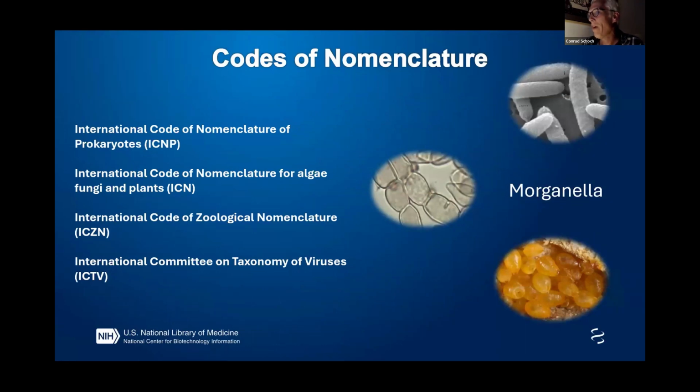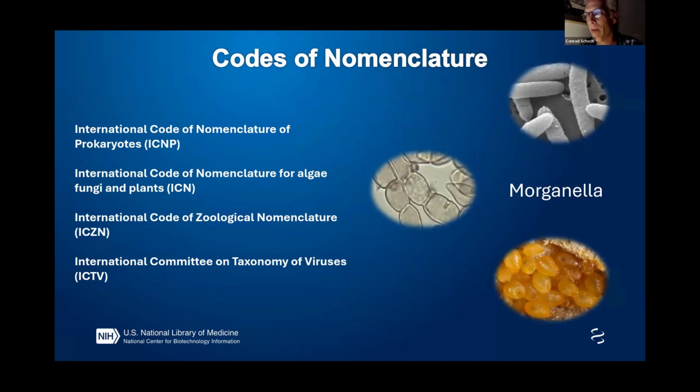And the way that we verify these names when they are new names is also to rely on the rules by the codes of nomenclature, these rules that determine how you describe a new taxon, new species, and other taxa. So we have four codes that we have to deal with.